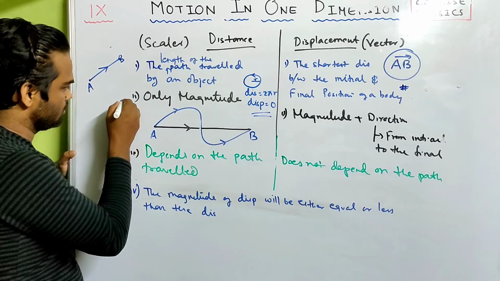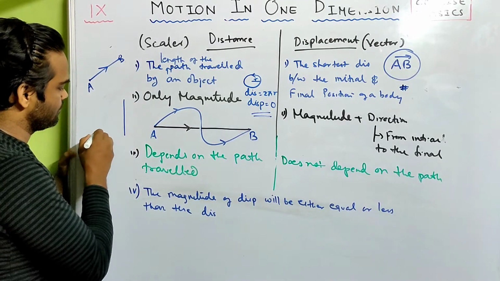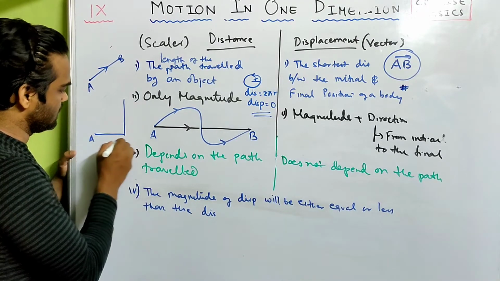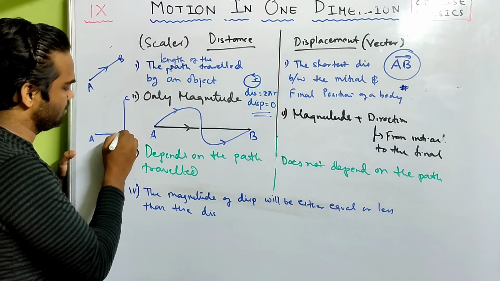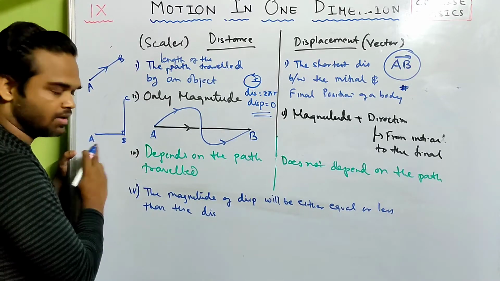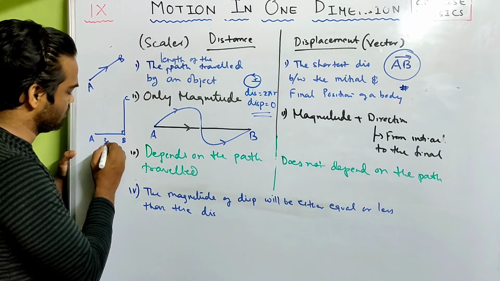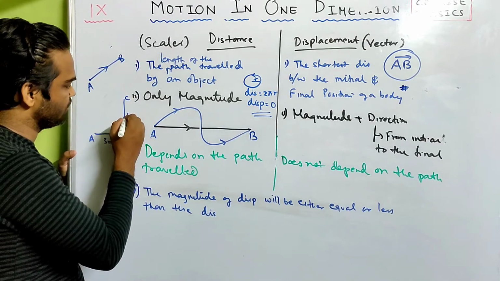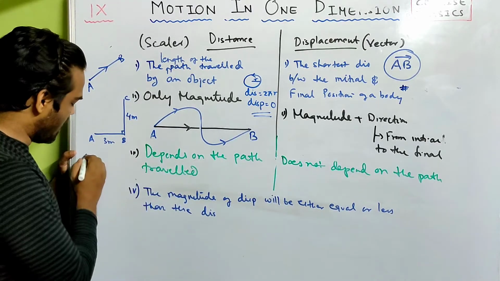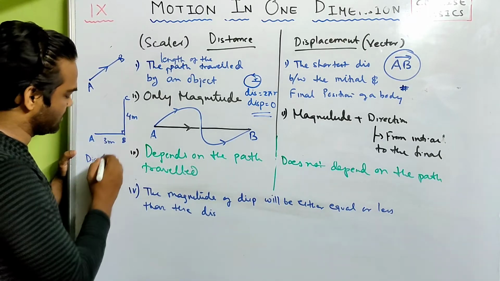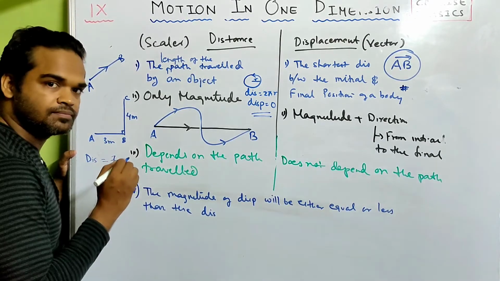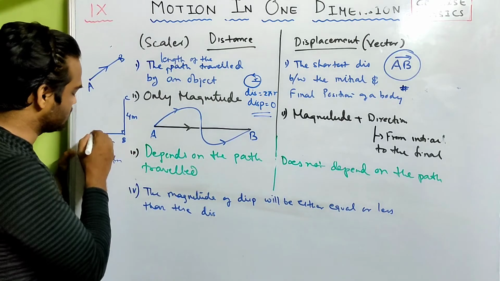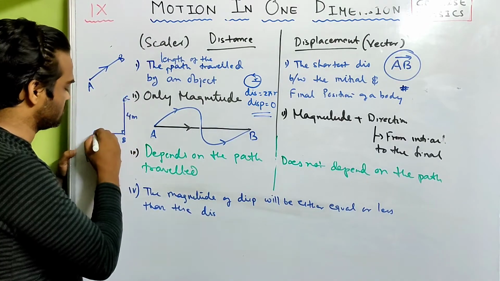Take one more example. Suppose this is your A, B, C, it's a right angle triangle. The body starts from A, reaches to B, this is 3 meter. From B it goes to C, 4 meter. So if I ask distance, that's 3 plus 4, 7 meter. But the displacement is from the initial to the final position.